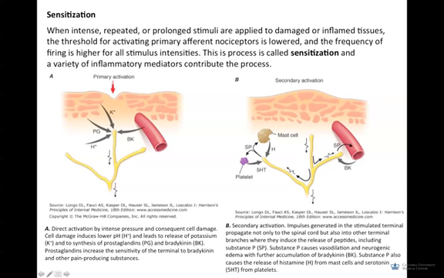So this increased excitability of this nerve ending is sensitizing this nerve ending, which means that even the lightest touch on this area of injury is going to trigger pain because this pain receptor is already highly excited by all these mediators. Okay. So that describes the primary activation, the area of injury.